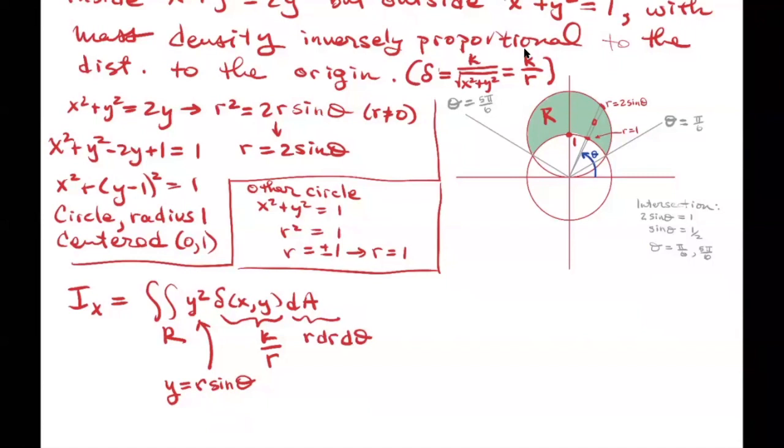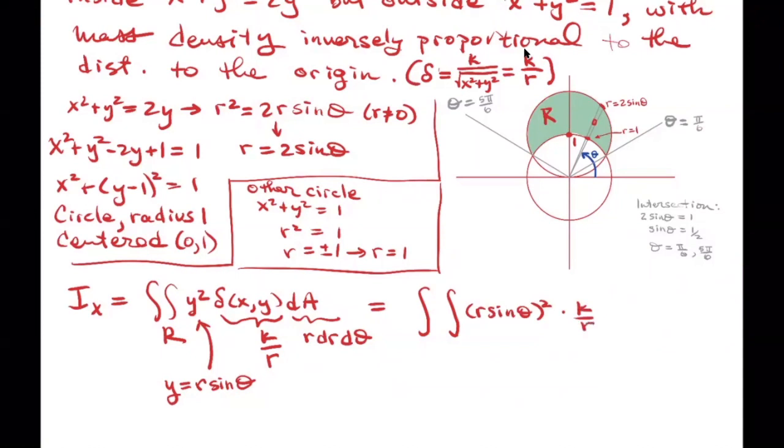And you get a differential area that way. Okay, so we can plug everything in here, and then we'll have to put limits on the integral, which is the most painful part. So y squared, that's going to be r sine theta squared, and then times k over r.